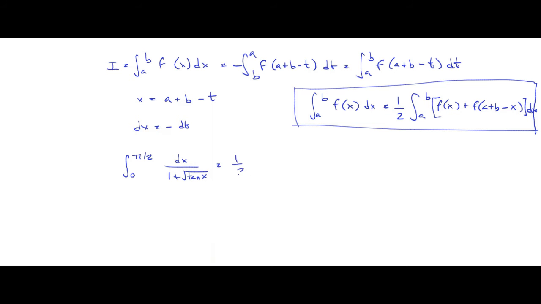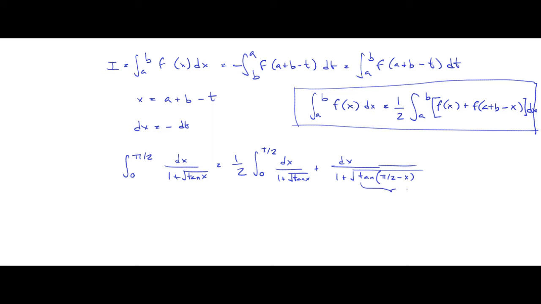So this is 1/2 of the integral between 0 and pi over 2 of dx over 1 plus the square root of the tangent, plus dx over 1 plus the square root of the tangent of pi over 2 minus x.